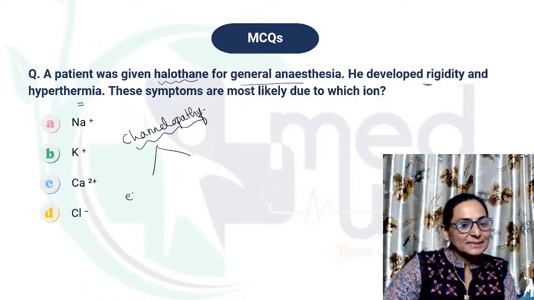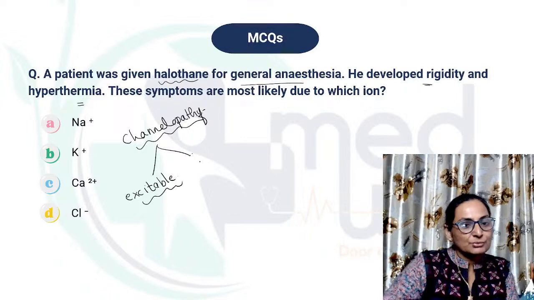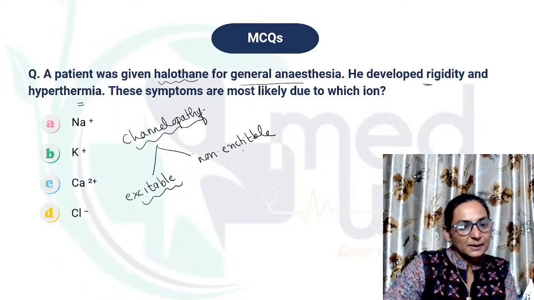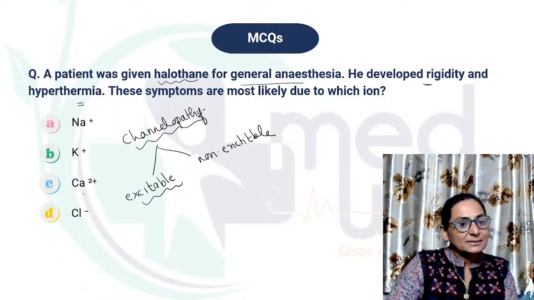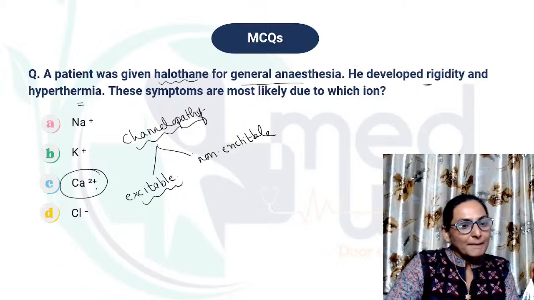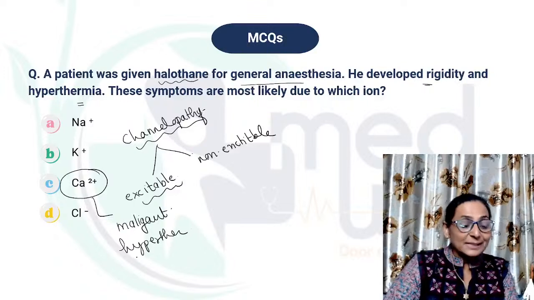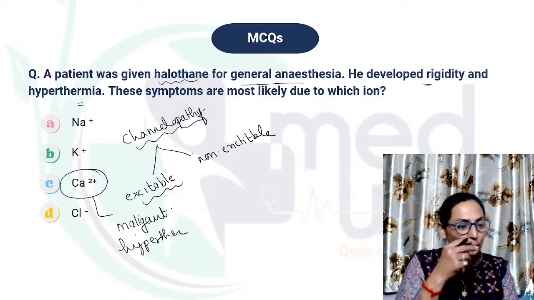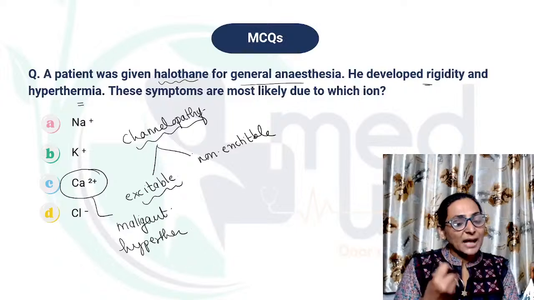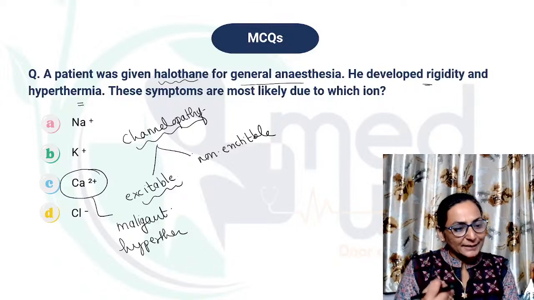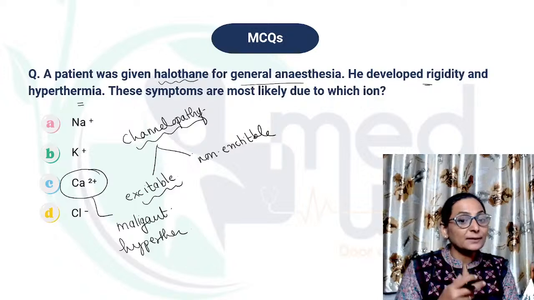These channelopathies can be either affecting your excitable tissues or your non-excitable tissues. Excitable tissues means here it is malignant hyperthermia, and even certain myotonias, affecting channels of the cardiac muscle or the skeletal muscle at the neuromuscular junction.